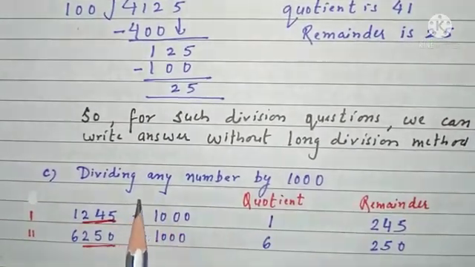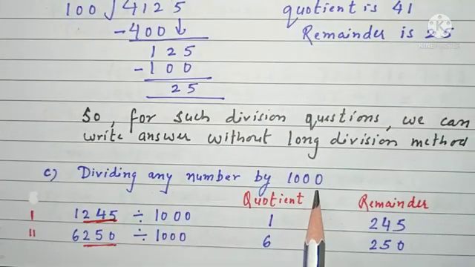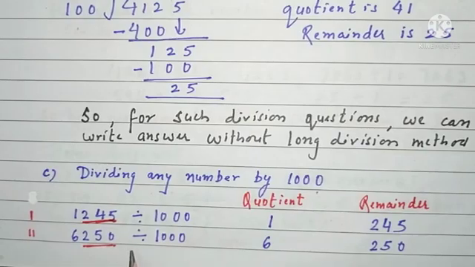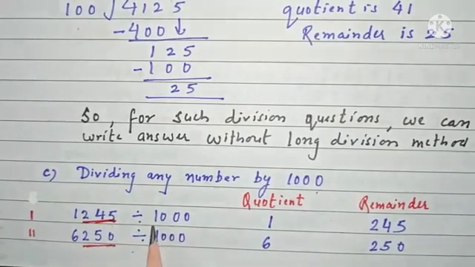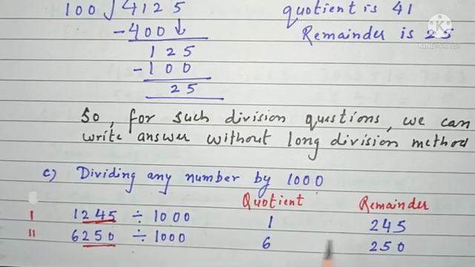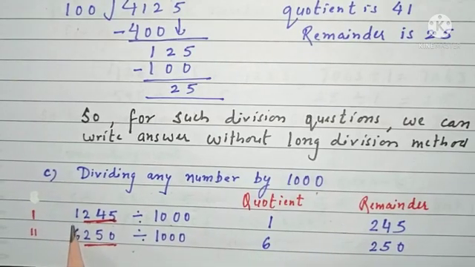Now let's check out how to divide any number by 1000. Now students, any number when divided by 1000, as we can see here, 1245 divided by 1000, the remainder is the last three digits, that is ones, tens and hundreds place. 245 is the remainder and 1 is the quotient.